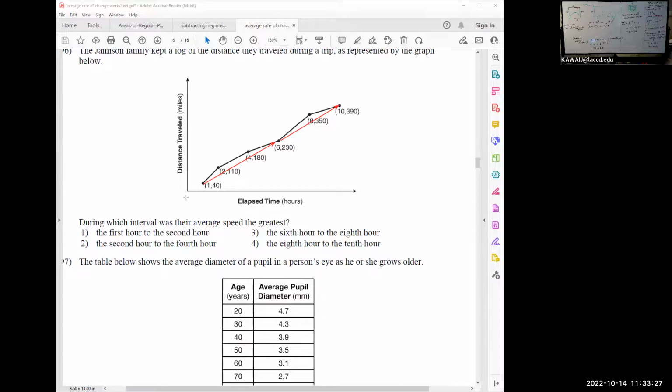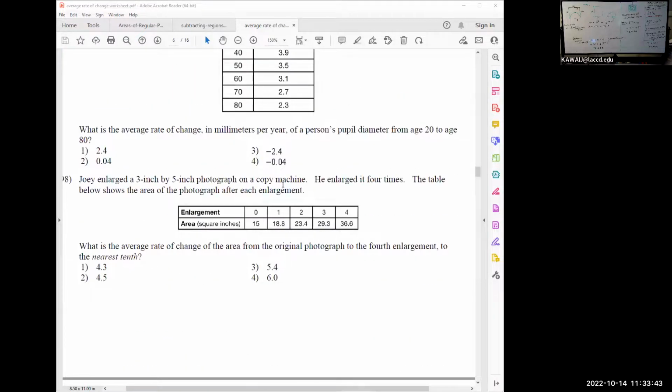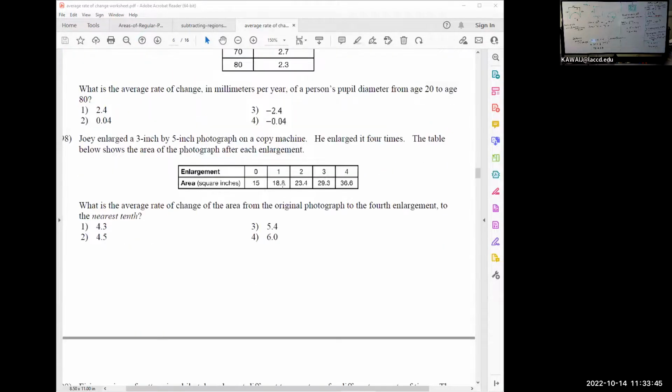All the problems up till now were just, go to the next one, go to the next one. But they may try to trick you by saying, go to this one and then go to one in the middle, one at the end. Okay, so let's try another one. Okay, so try this one.